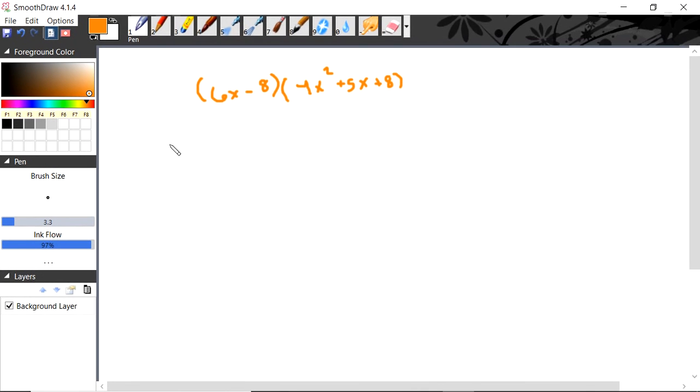So just do the same thing we did here, except this 6x goes to everything. So it goes to 4x, it goes to 5x, and it goes to 8. So 6x times 4x is 24x cubed. 6x times 5x is 30x. 6x times 8 is 48x.